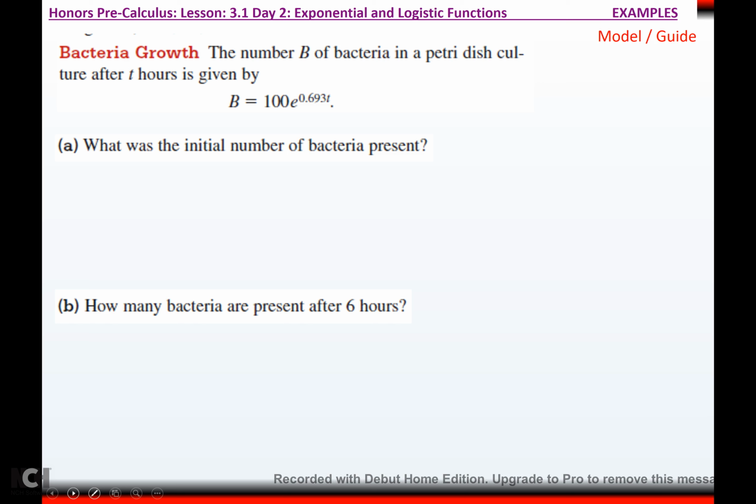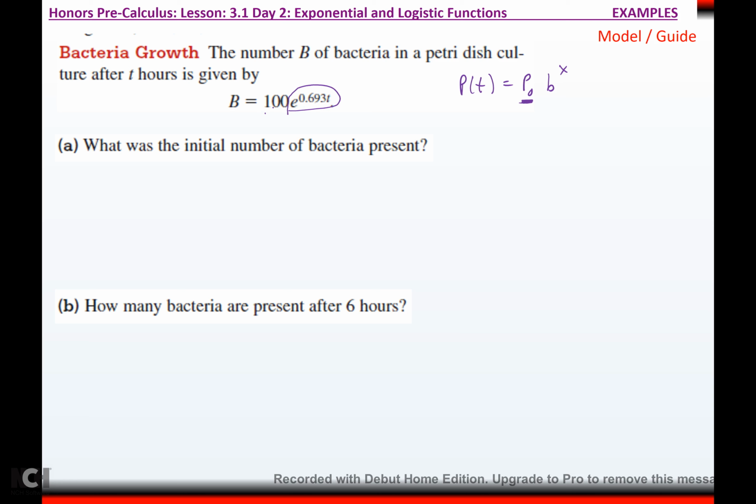Bacteria growth. It says the number B of bacteria in a petri dish culture after T hours is given by this function. What was the initial number of bacteria present? Guys, remember, this doesn't look like the population model, but remember how that initial one was, that piece of knot is whatever's touching this to an exponent, that's your initial population of whatever, whether you're talking about people or bacteria.